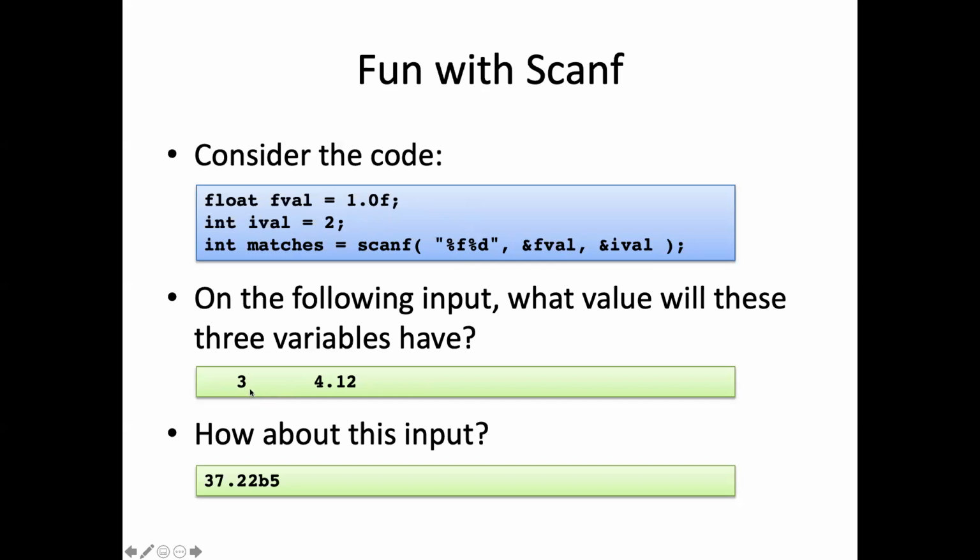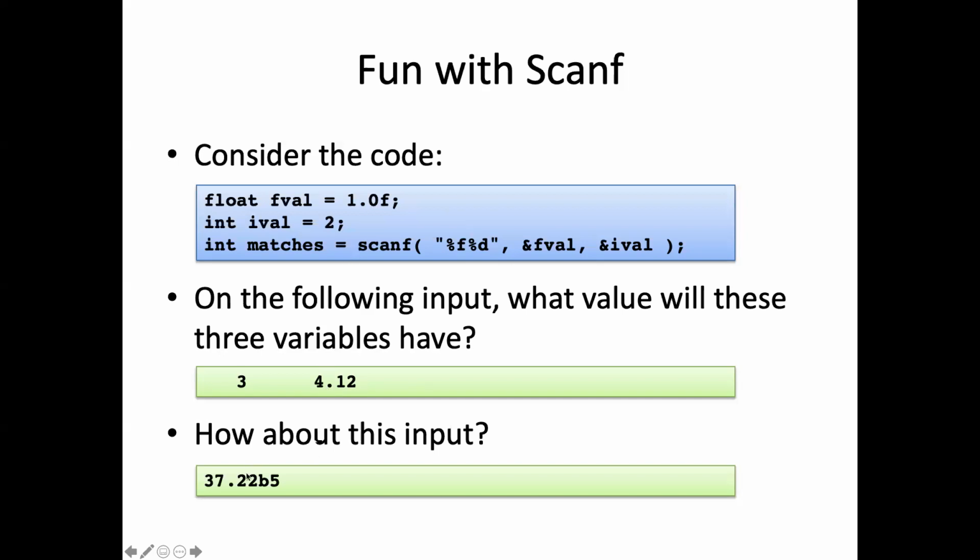That also skips spaces. So it'll skip spaces up to this 4. It'll see the 4, which is a legal decimal integer, but the dot is not. So it'll stop right there on the reading. That 4 is a legal decimal integer. So it'll store the 4 in ival, and it'll leave this .12 unread. So if you try to read some stuff later, you'll pick up right at that dot. It successfully read a float and an integer value, so this will return 2.